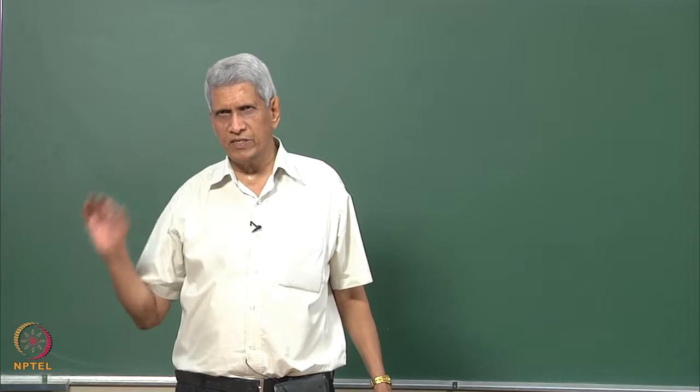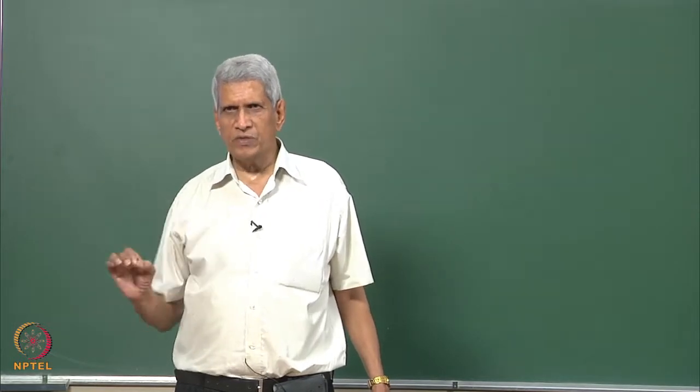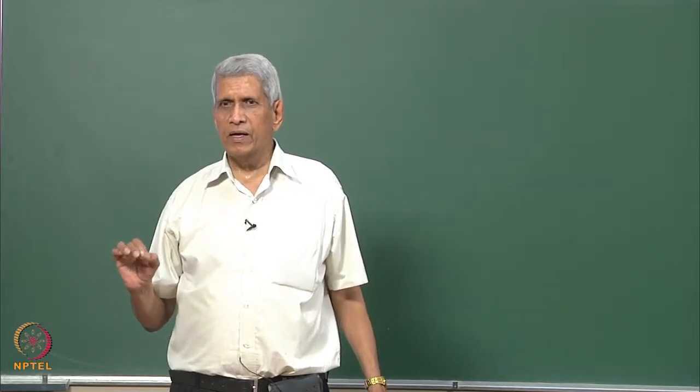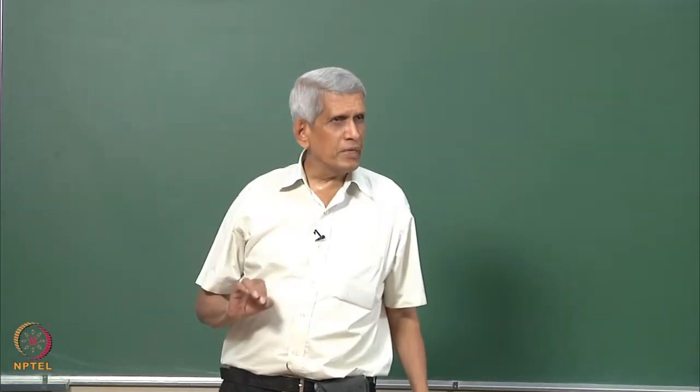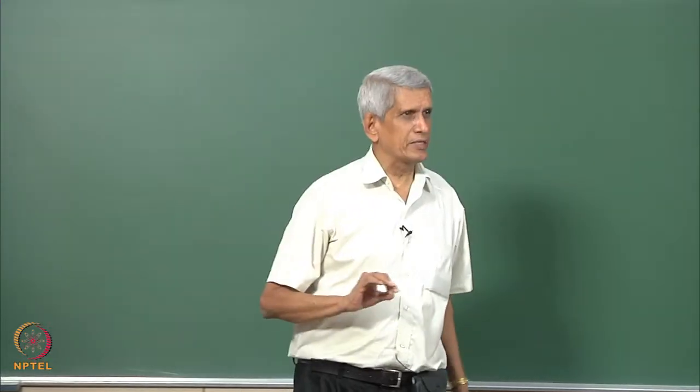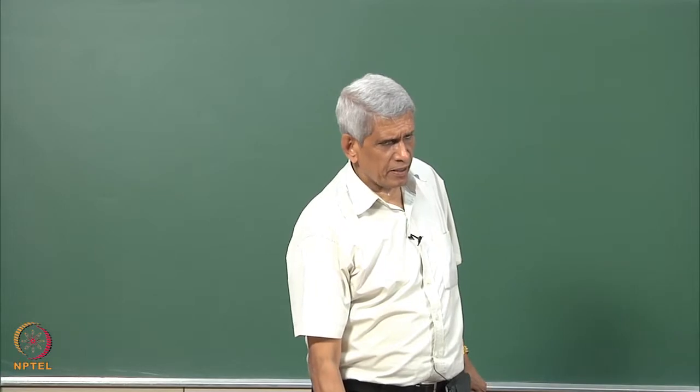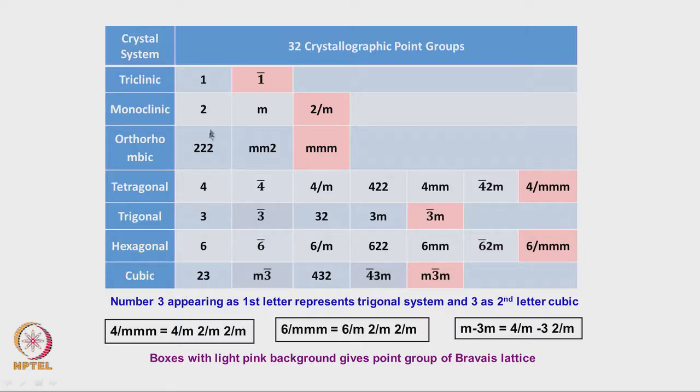So in each of these classes which we consider, the lattice exhibits the maximum symmetry elements. The different classes are defined with respect to the minimum symmetry elements which are required.